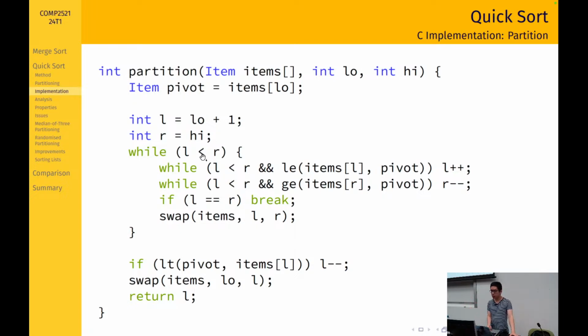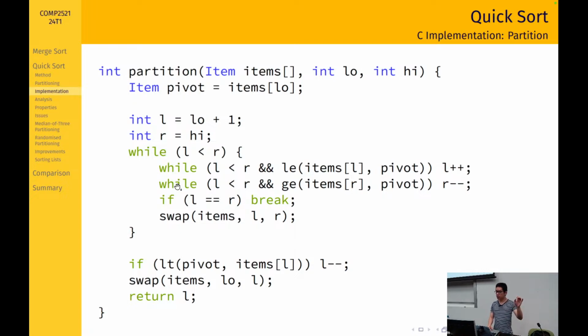Then, while the indices haven't met in the middle yet, this first inner loop advances the left pointer while the item is less than or equal to the pivot. So while L is less than R and items[L] is less than or equal to the pivot, we advance the left pointer.